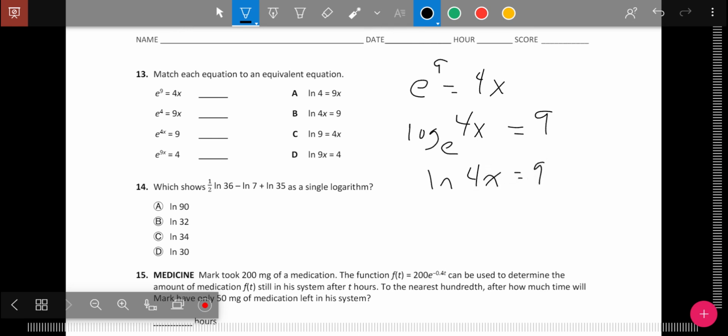And so that one right there is B. Which means this one would just be ln 9x equals 4, which is D. And this one would be ln 9 equals 4x, which is C. And this one would be ln 4 equals 9x, which is A.